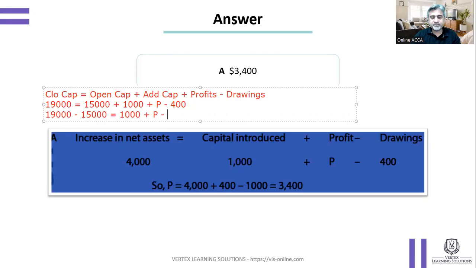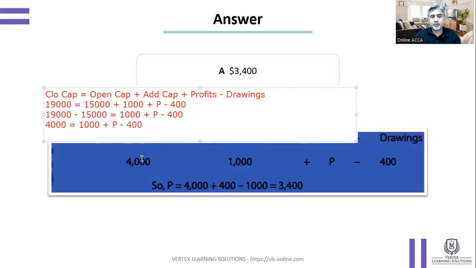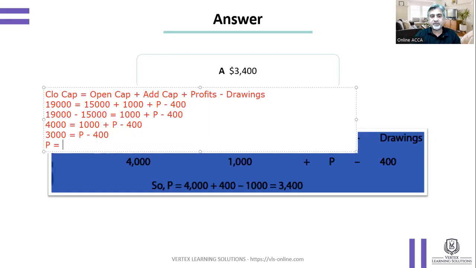I'll take more steps, but I will explain step by step. So it makes me 4,000 is equal to 1,000 plus P minus 400. Of course, in the exam you will not do so many steps. I'm just doing it to explain. And then 1,000 goes to that side. So it becomes 3,000 is equal to P minus 400. And then you can say that P is equal to 3,400. This is another way of doing it.